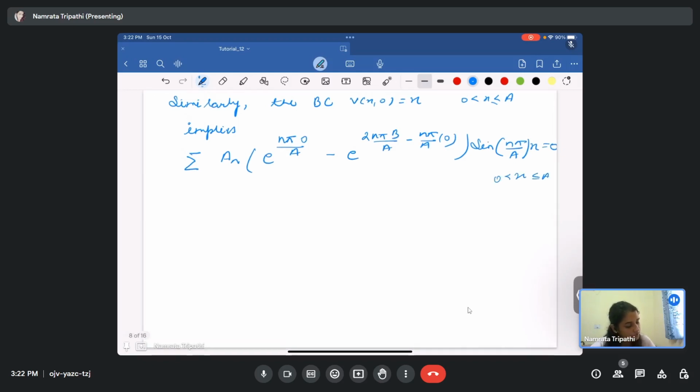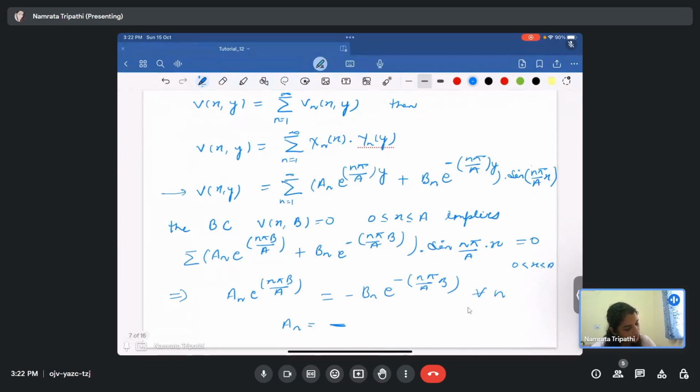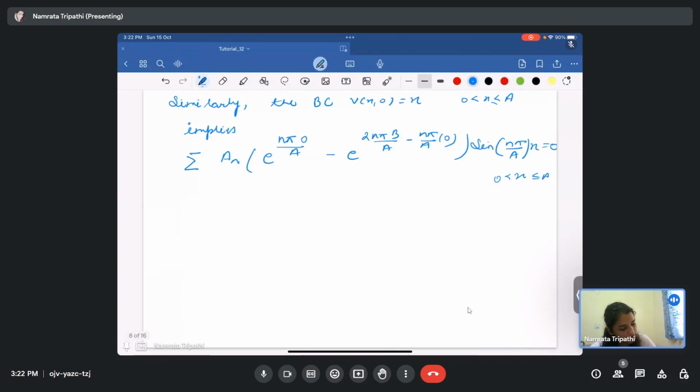I'm just putting the value of an here and applying the boundary condition, then we will get this equation. Fine. From here, we have to find the value of this constant term.